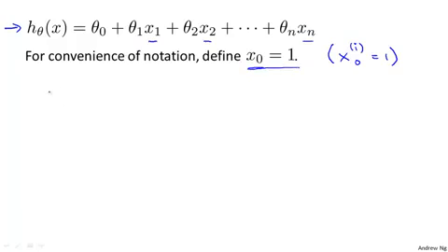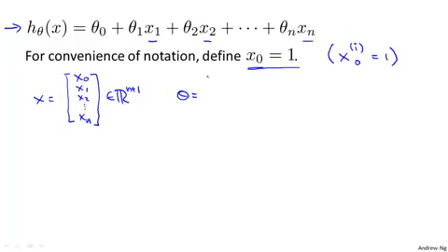So now my feature vector x becomes this n plus 1 dimensional vector that is 0-indexed. So this is now an n plus 1 dimensional feature vector, but I'm going to index it from 0. And I'm also going to think of my parameters as a vector.